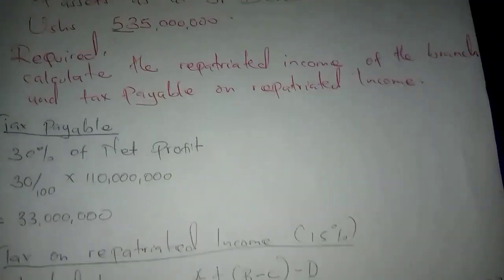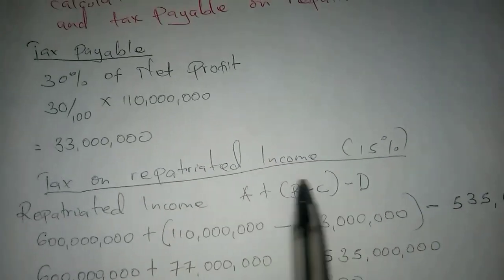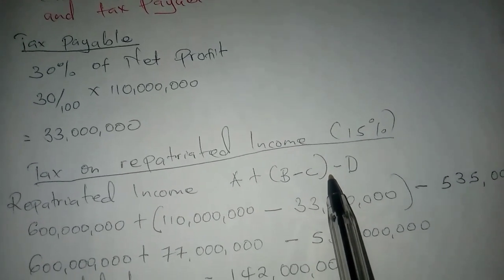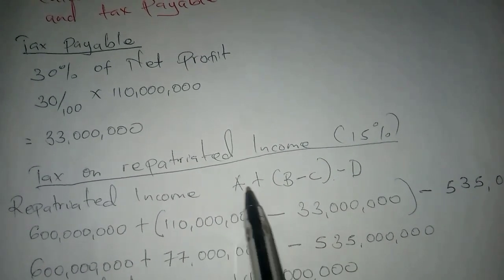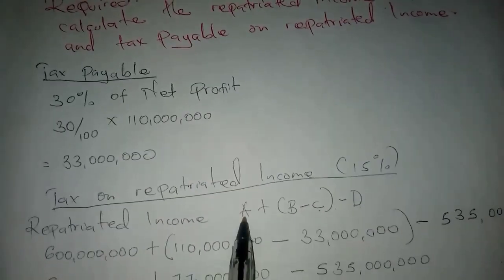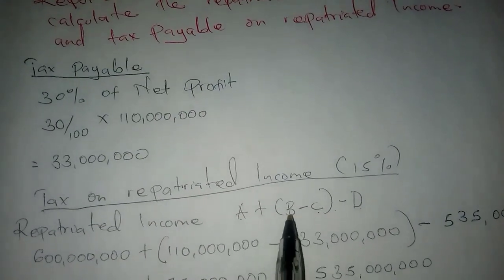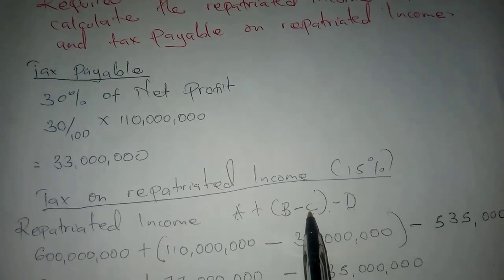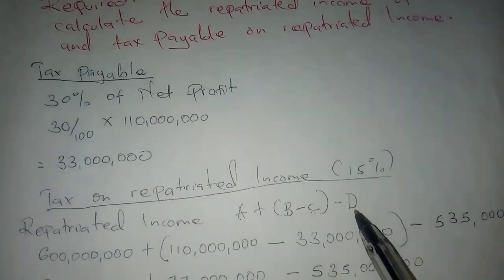Our formula for calculating repatriated income is A plus B minus C minus D, whereby A is net assets at the beginning, B is the net profit, C is tax payable, D is net assets at the end.